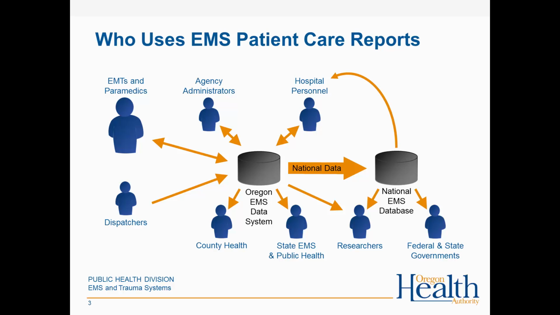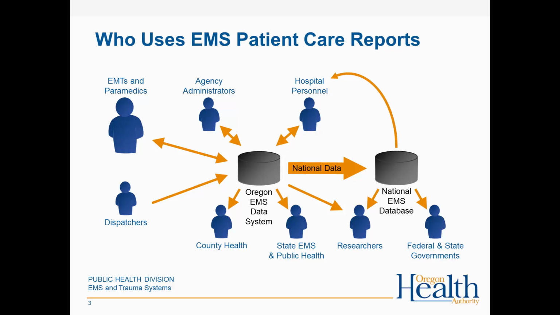The American College of Surgeons and other verification bodies often have requirements that hospitals share outcome information with their EMS agencies. Additionally, HIPAA, the Health Insurance Portability and Accountability Act, allows a hospital to share outcome information with an EMS agency who treated the same patient.